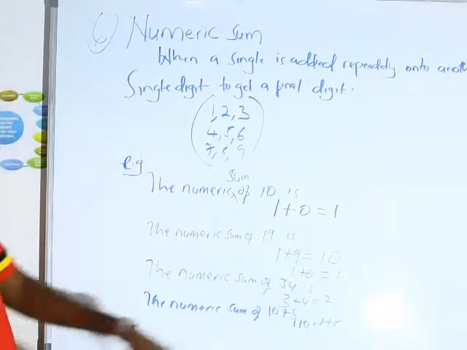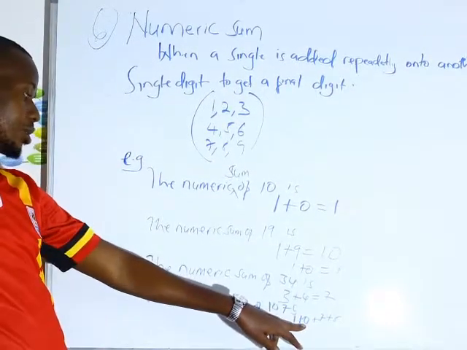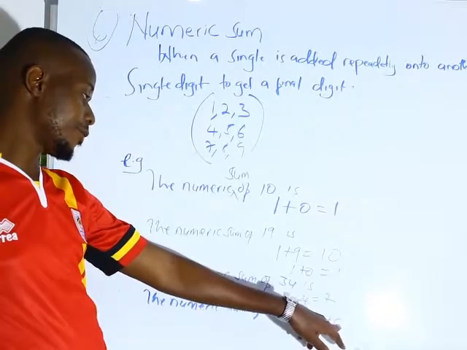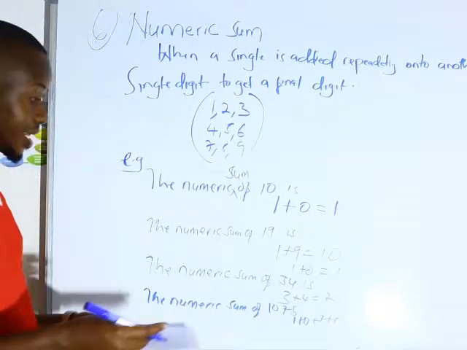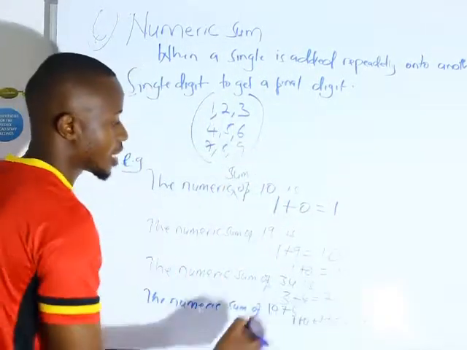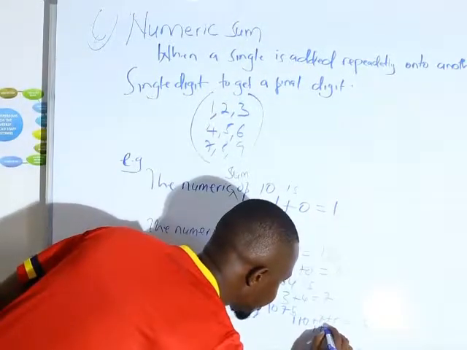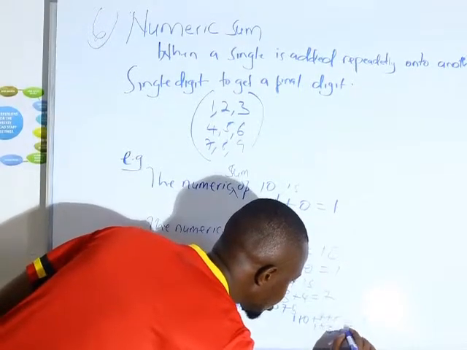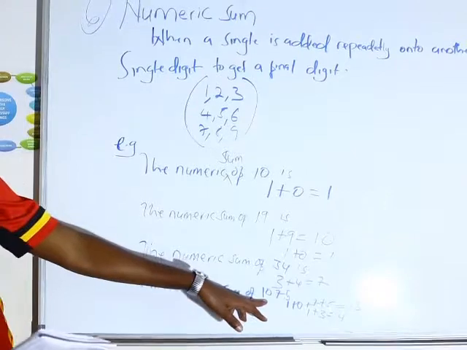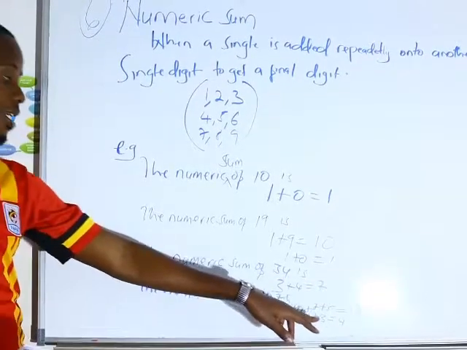We can add together. 1 plus 0 is 1, 1 plus 7, then plus 5. This is 13, not so? Then find the numeric sum of 13, which is 1 plus 3, which equals 4. So the numeric sum of this number, 1075, is 4.